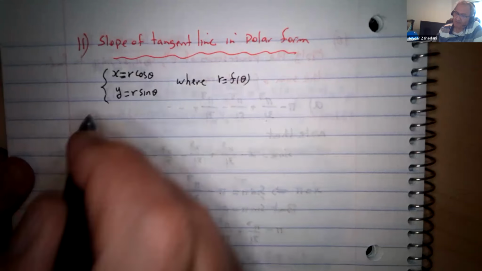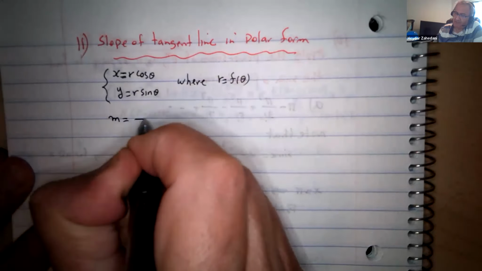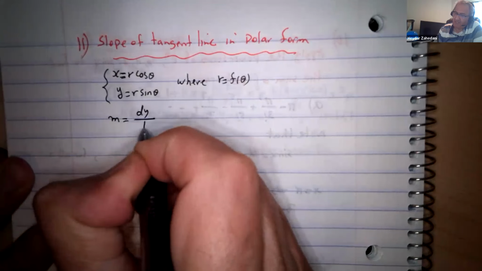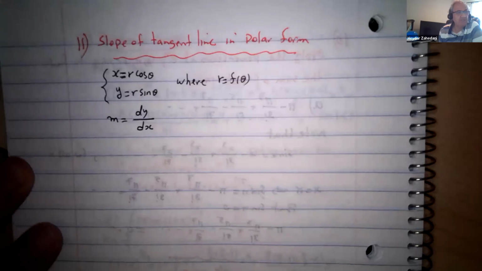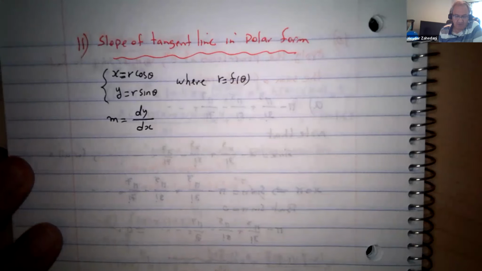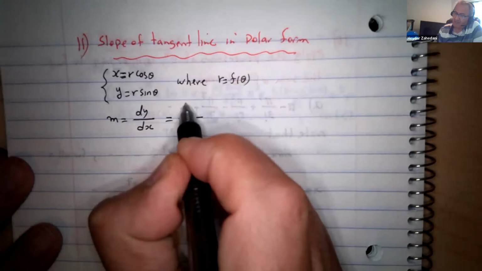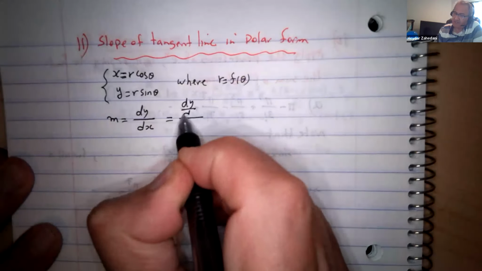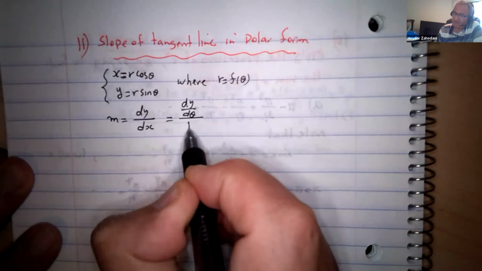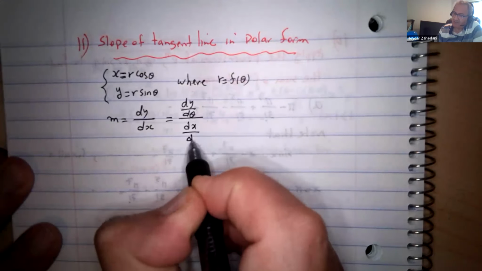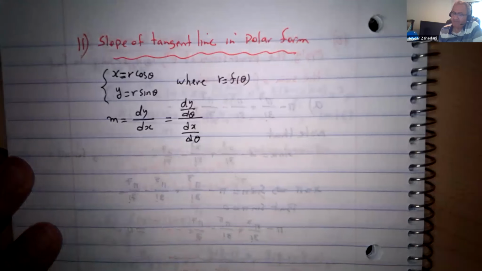So the slope m is going to be dy/dx. We prove it for you: you differentiate, so this is the derivative of y with respect to theta, and the derivative of x with respect to theta.